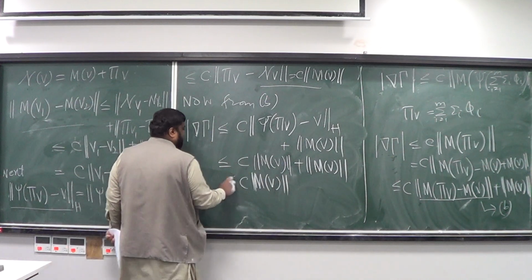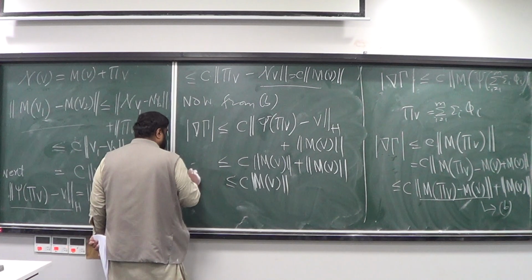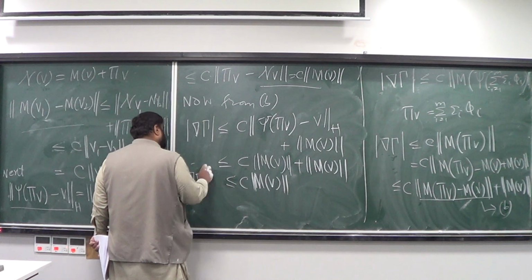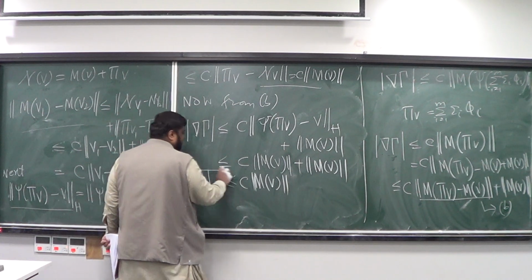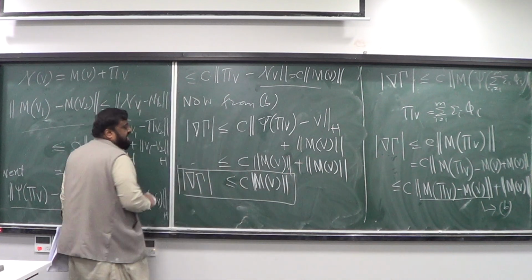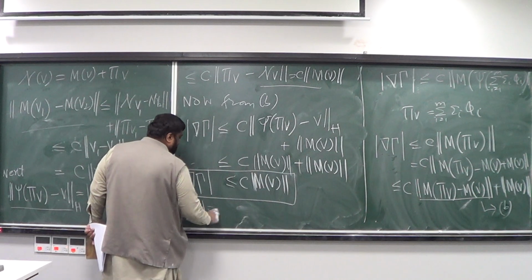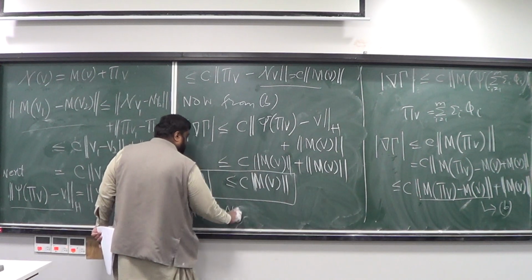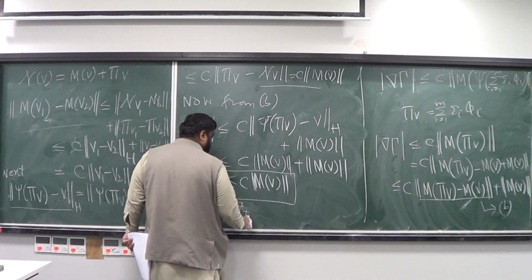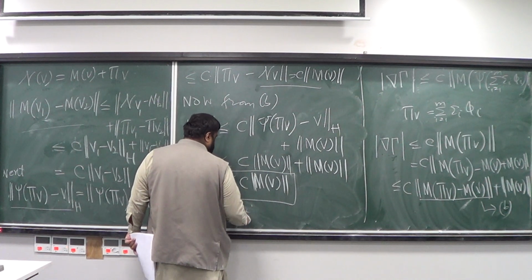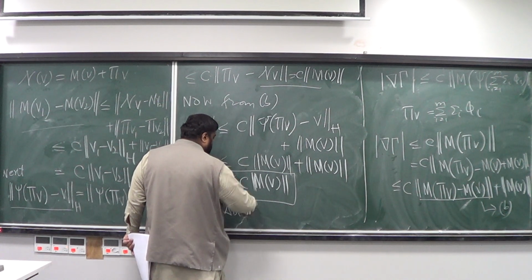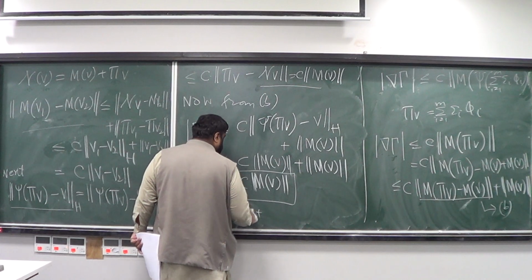So you get an interesting estimate on the map gamma in terms of m of v. And don't forget that your m of v is really Laplace u minus u cube, or Laplace u plus u minus u cube.